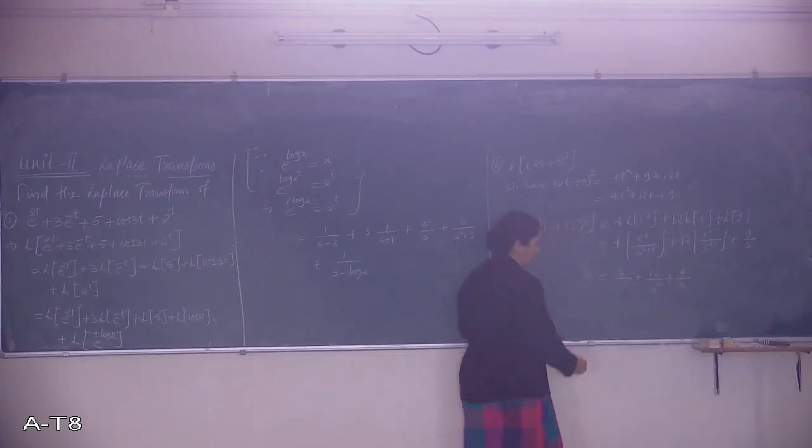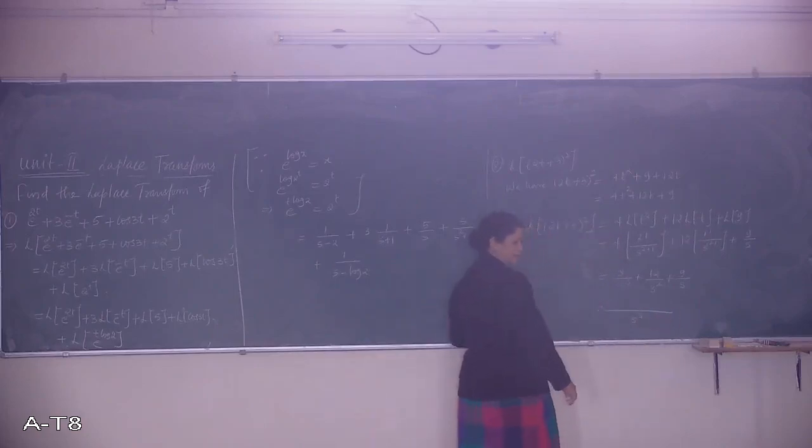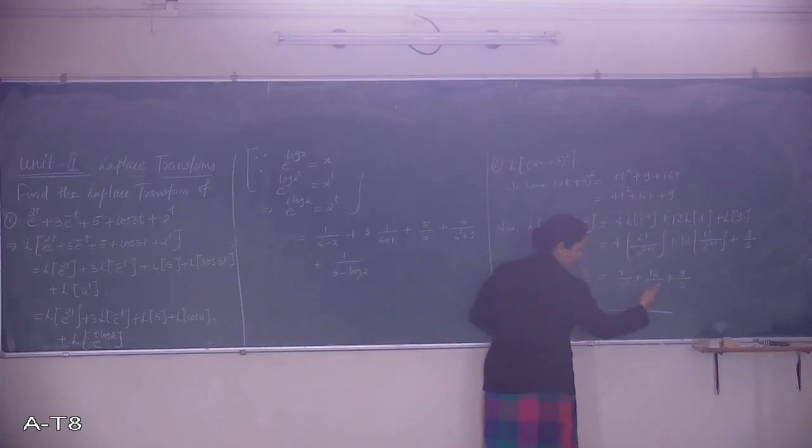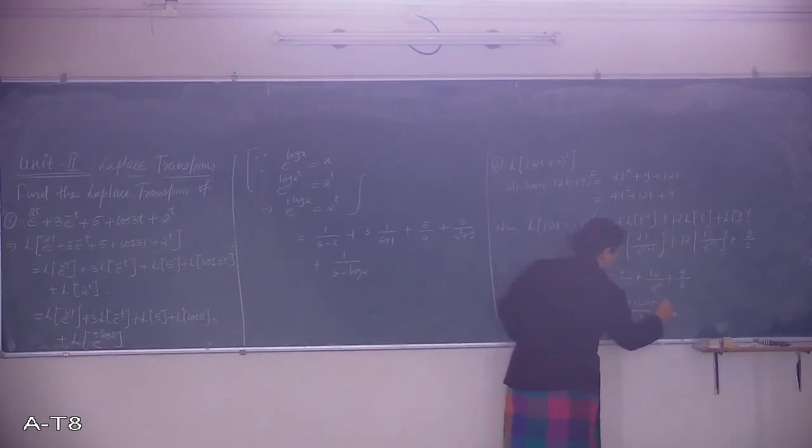Okay, you can keep it in this form or simplify this one more line. So if you simplify, you go for taking the LCM, so it is s cube, here it will be 8, here I write it as 9s square, plus 12s plus 8.